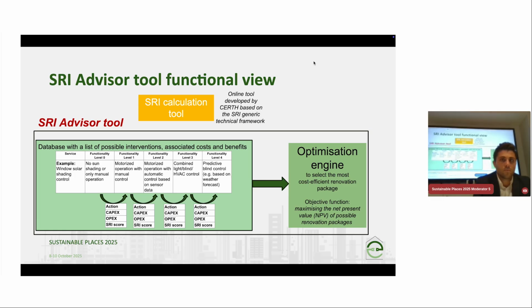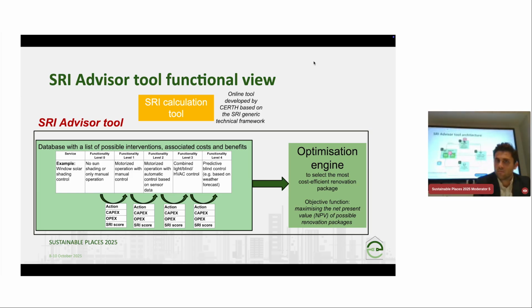Then the OPEX, which is a percentage of the CAPEX cost, and the SRI score upgrades for each of the building upgrades. And the SRI calculation tool is the online tool developed by CERT, based on the SRI generic technical framework.